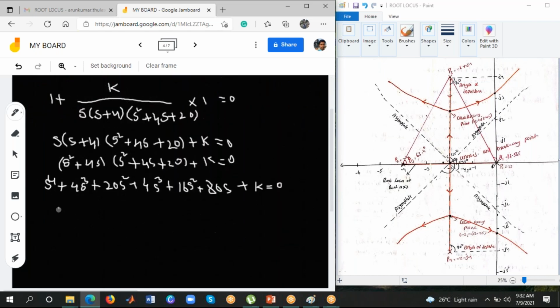Now s power 4 plus 4 plus 4, 8s cubed; next s square, 20 plus 16, 36s square, plus 80s plus K equals 0.